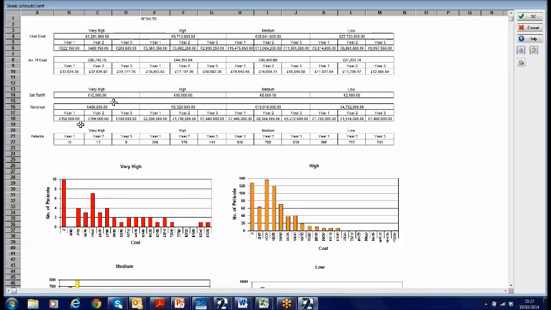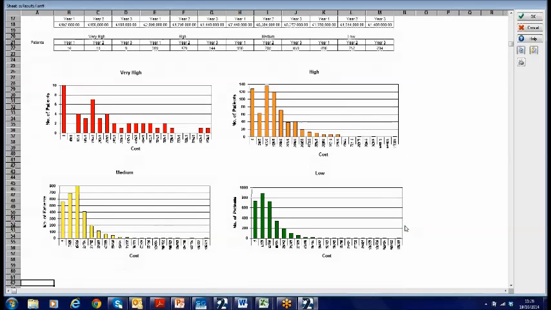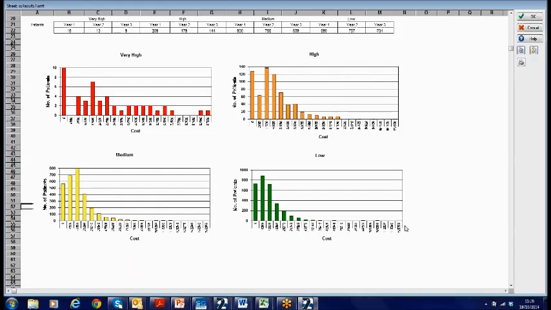So one of the things you'll want to compare is what your revenue is likely to be for those individual patients. That's all those patients in each state multiplied up by their tariff, compared with what they're actually going to be costing. And here's your number of patients in each group and how that changes year on year. And again, if you want to have a look at the cost frequency in each of the states, you have the graphs here.